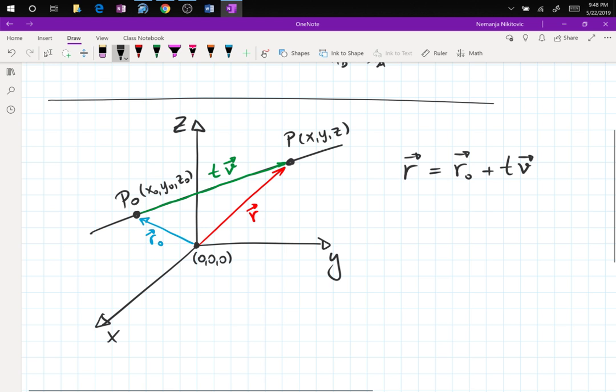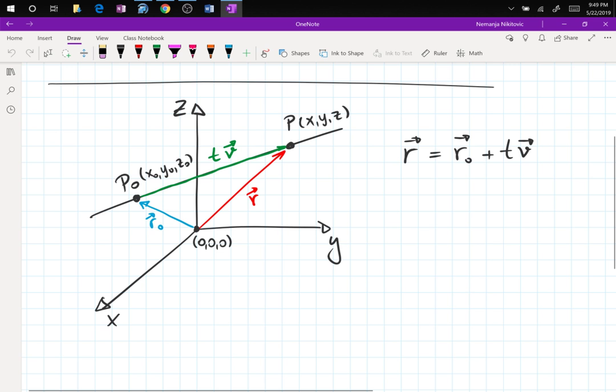I hope you see that, because we learned that if you have two vectors that are head to tail like that, then the resultant stretches across. So you see that the blue vector is going into the green vector, so they are together creating vector r. That's the only configuration that you can draw from this diagram in terms of addition. So that's the equation that I have.